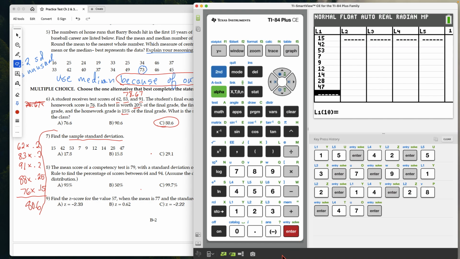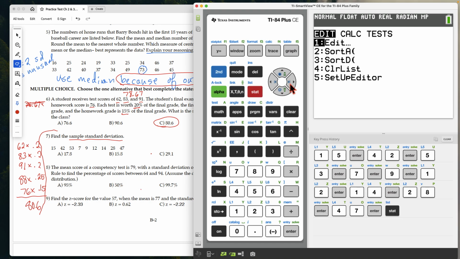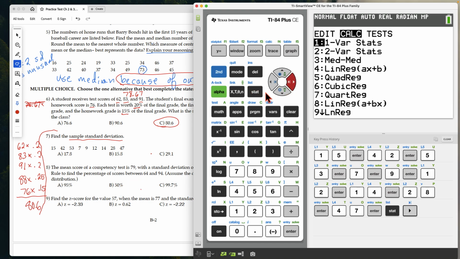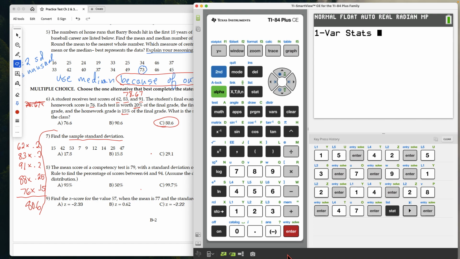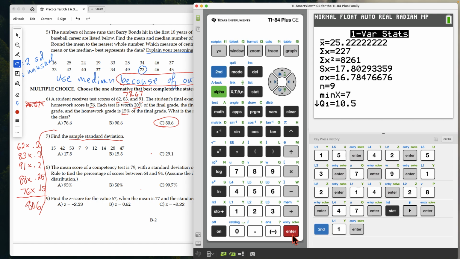There we go. And this got 1, 2, 3, 4, 5, 6, 7, 8, 9. 1, 2, 3, 4, 5, 6, 7, 8, 9. Usually good. And we want to calculate, so we're going to go stat, calc, 1 variable statistics. Again, I'm going to emphasize I've got my data in L1. And so we get it.